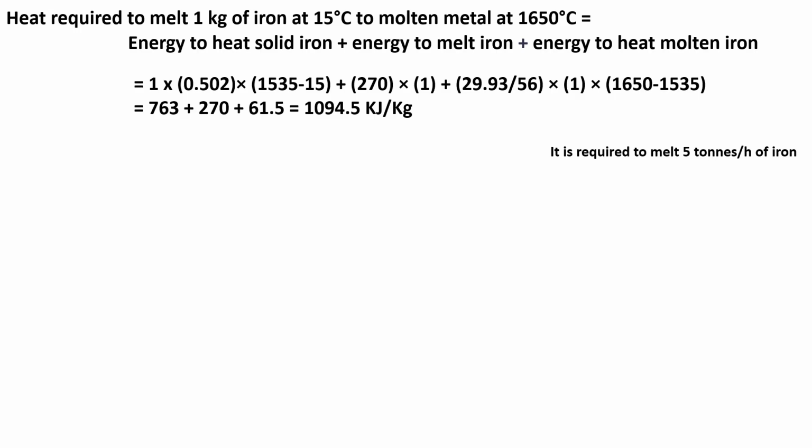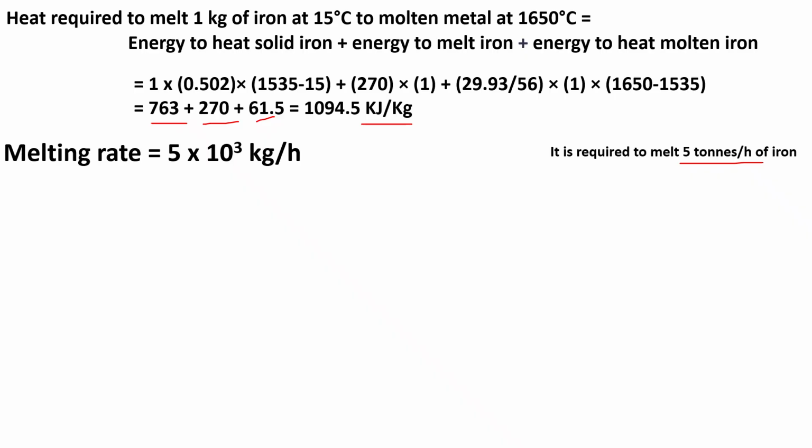So the net amount of heat required to melt 1 kg of iron at 15 degrees Celsius to molten metal at 1650 degrees Celsius equals 763 plus 270 plus 61.5, which is equal to 1094.5 kilojoule per kg. But here we have to calculate the heat required to melt 5 tons per hour.